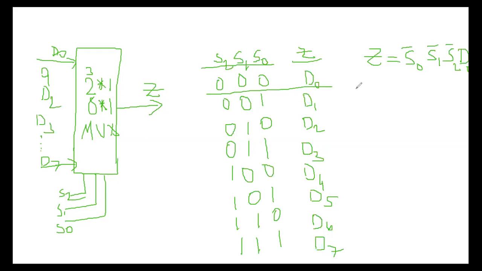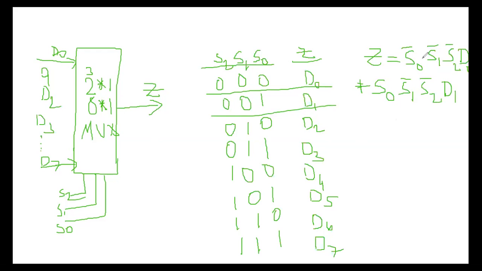And the next one is plus. See the second one: S0 is 1, means S0 uncomplemented, and S1 and S2 are both zeros, so S1 bar, S2 bar, and D1.